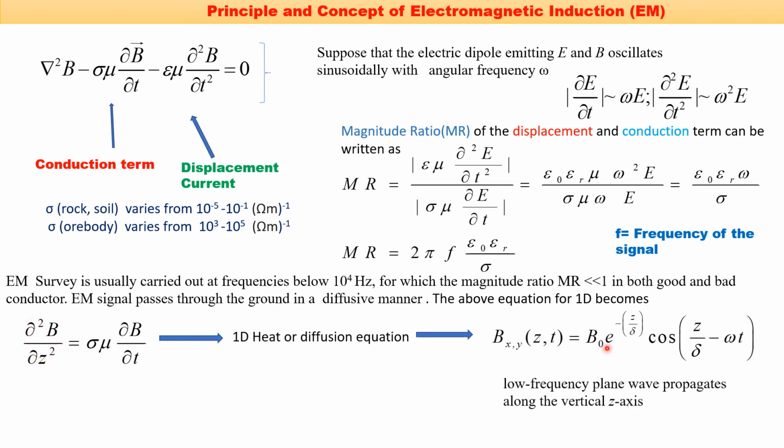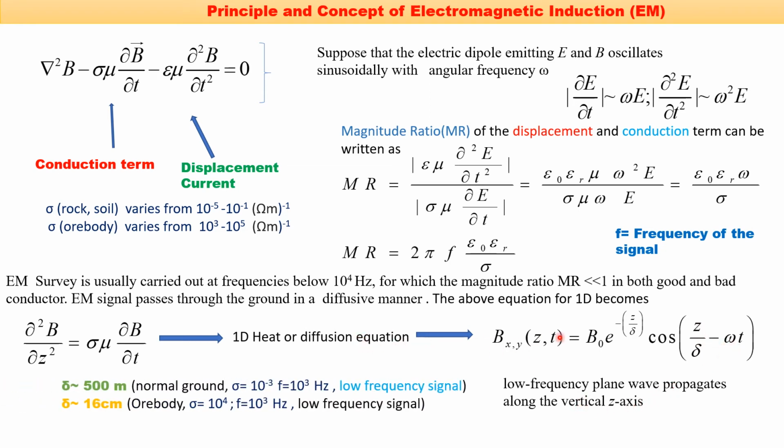So it is a heat equation, and there will be a loss term like e to the power minus beta z, the imaginary part of the wave vector, which is 1 by delta, times e to the power i beta z minus omega t. So we have this diffusion equation for electromagnetic induction or conduction.